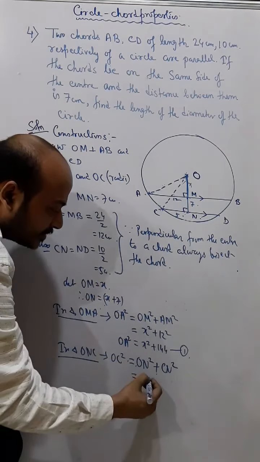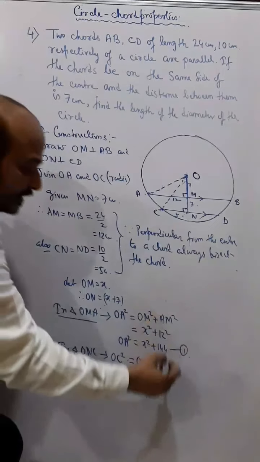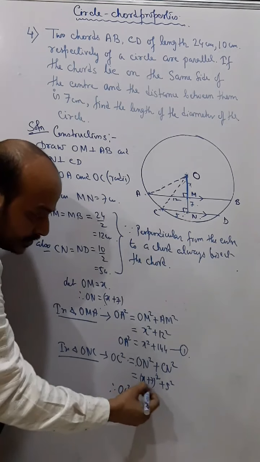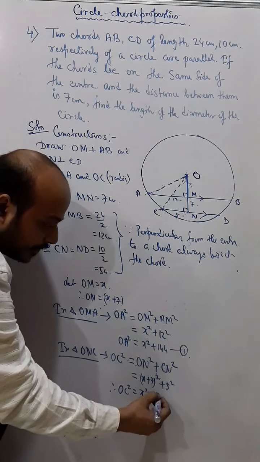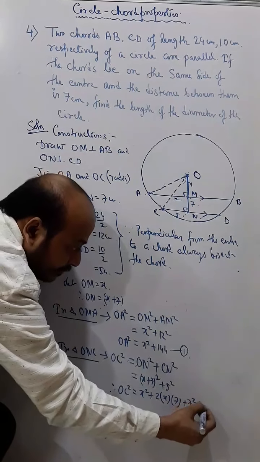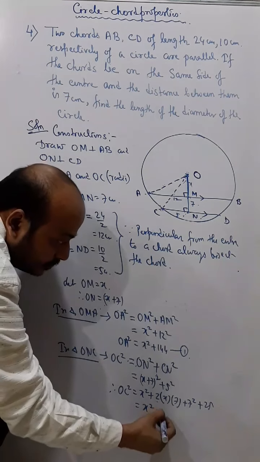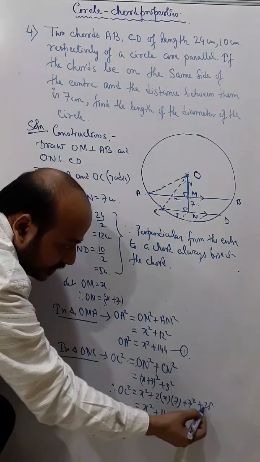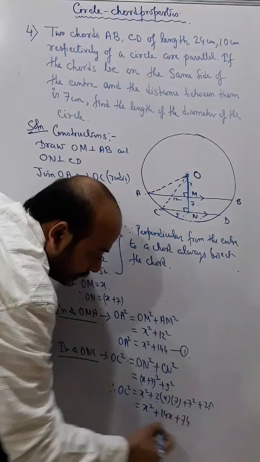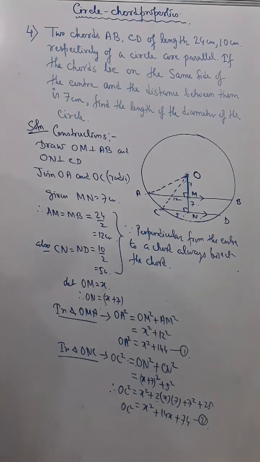So this is x plus 7 whole square, and then CN is 5 square. Okay, so finally what we got, OC square. Now we can use (a plus b) whole square as a square plus 2ab plus b square, plus 25, and finally I am getting x square plus 14x plus 49, and then 25. 49 plus 25, so you are getting 74. So this is OC square, so I can say this is number 2.